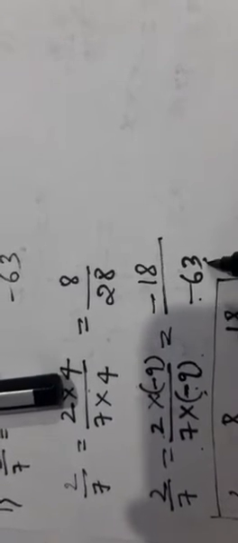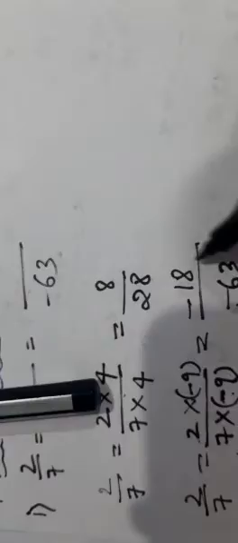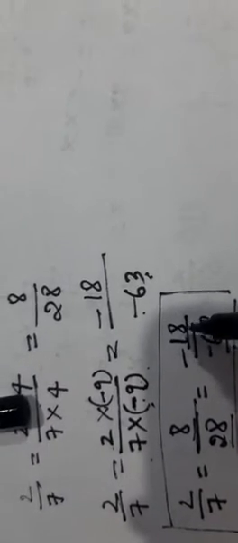Plus into minus is minus. 7 nines are 63. I have to multiply the same integer, that is minus 9, in the numerator. Plus into minus is minus. 2 nines are 18. Here in the third rational number, you have to fill it with 18. The answers are 28 and in the numerator here 8 and minus 18.